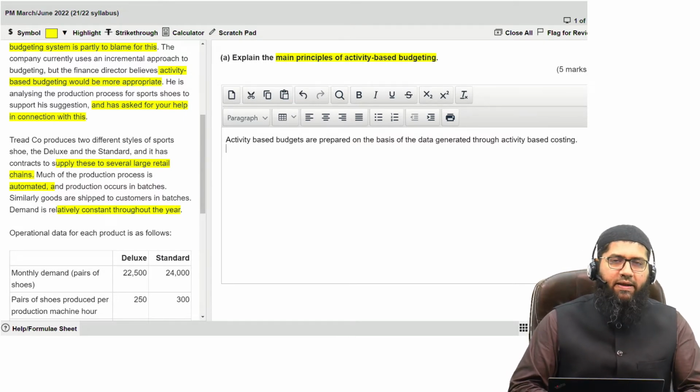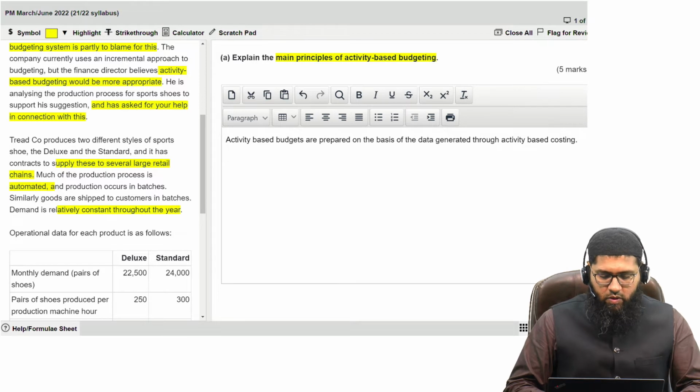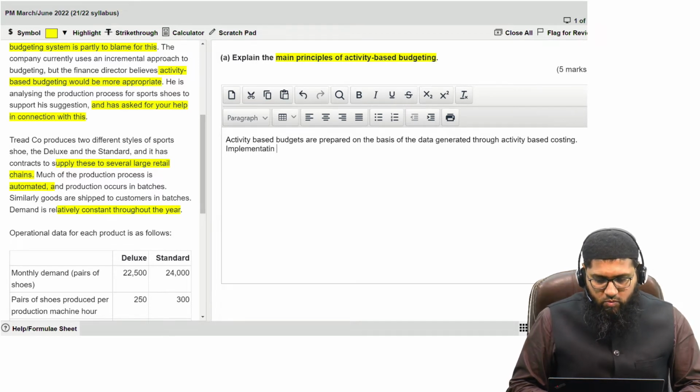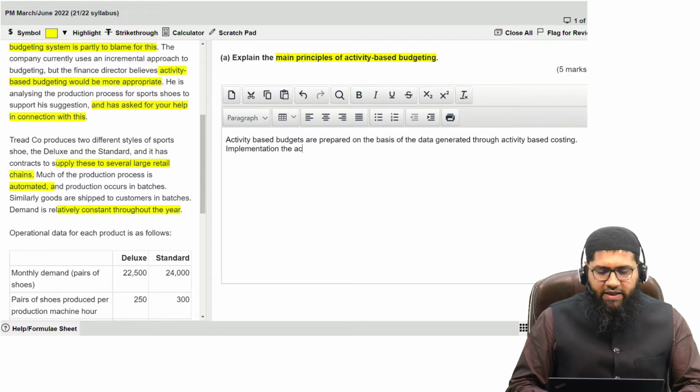Now what actually happens is that the implementation of activity-based costing requires the entity to apply the following steps.